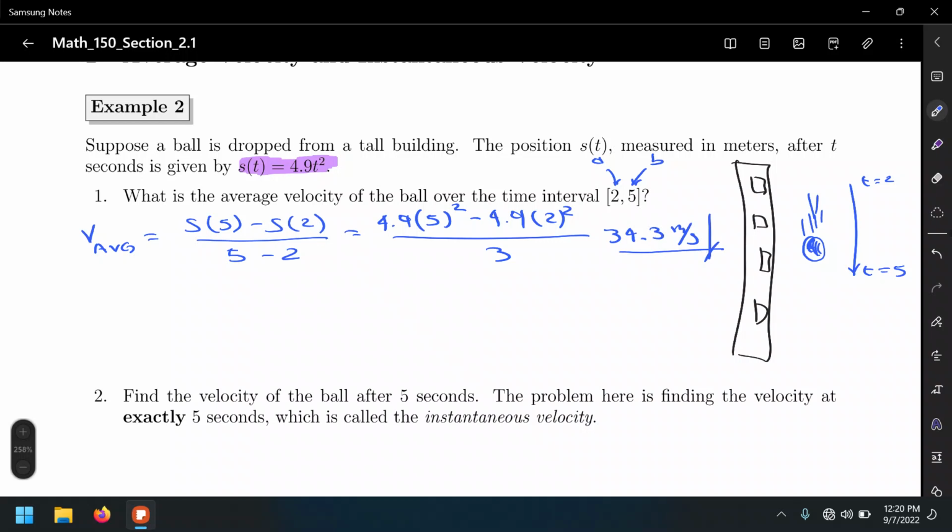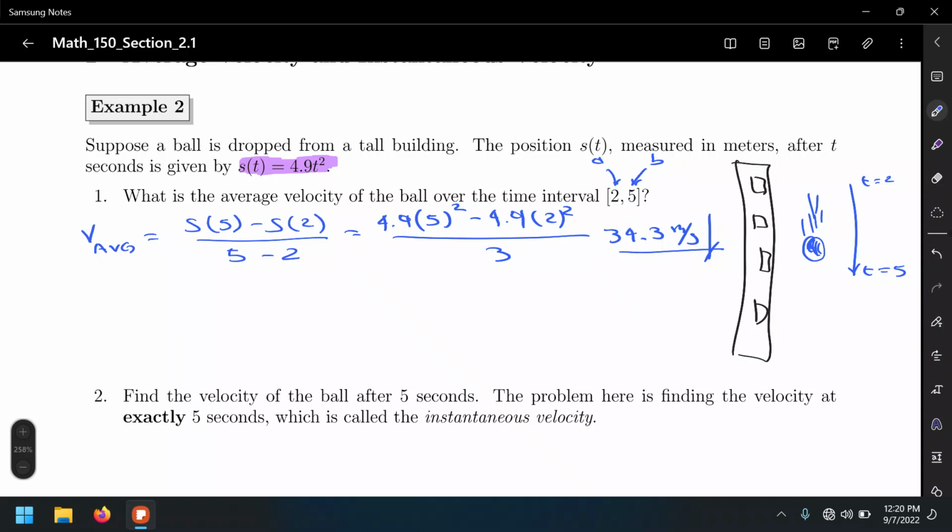But again, in the context of physics, this is only an average velocity, because due to the acceleration to the center of the planet, when you drop an object, the velocity increases as it goes down. So at t equals 2, it's going to go at a slower velocity than it goes after 5 seconds, and that's due to gravity.